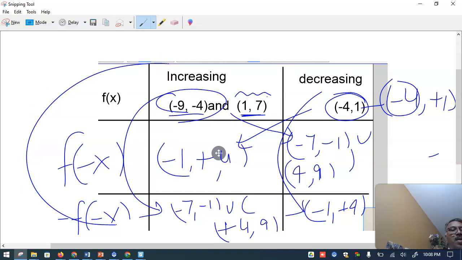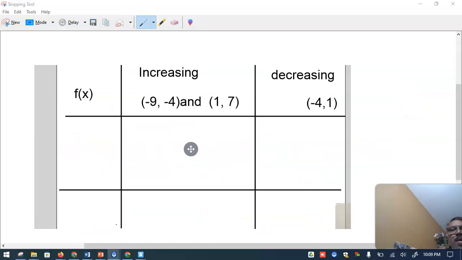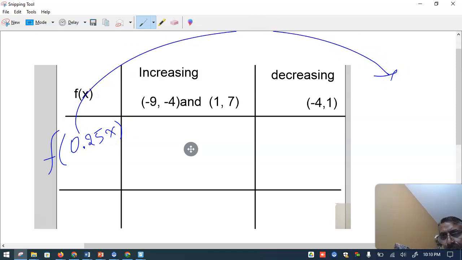And the last one is, okay, how does the increasing and decreasing interval change if this was, let's imagine, 0.25x? What does that mean? All you do here is a little work. You want to know what that is.